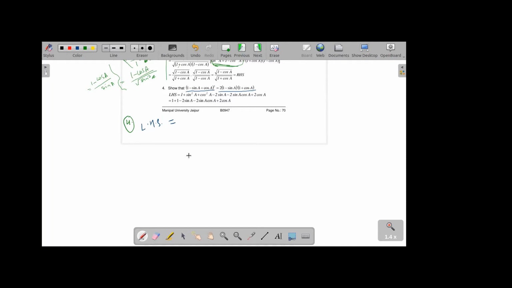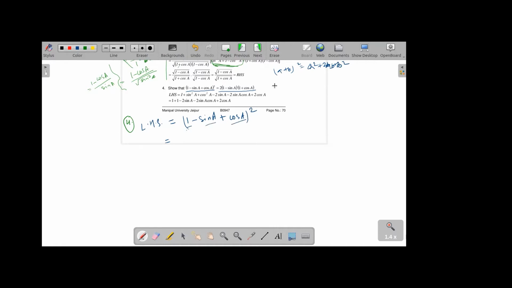So LHS is (1 minus sin a plus cos a) whole square. We already know the formula for (a plus b) whole square, that is a square plus 2ab plus b square. But here there are 3 terms.